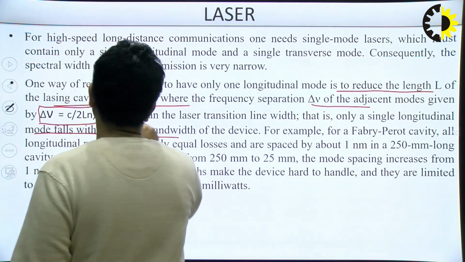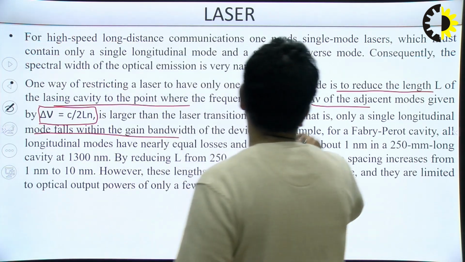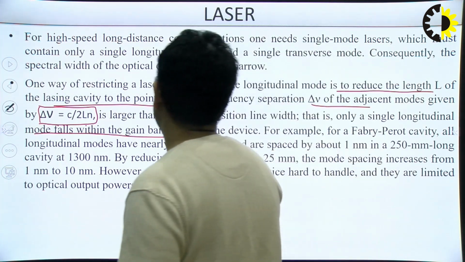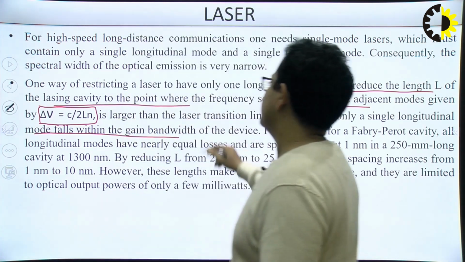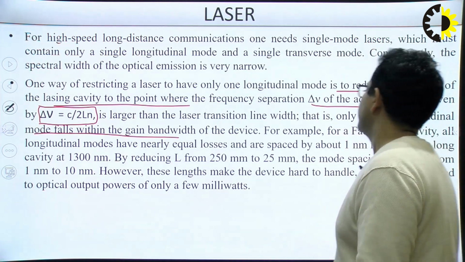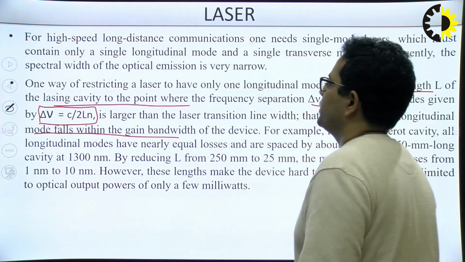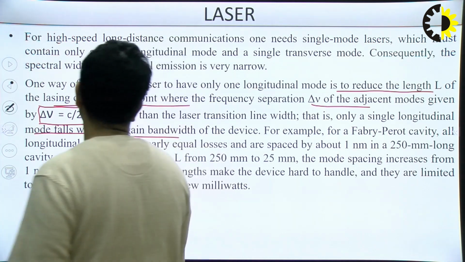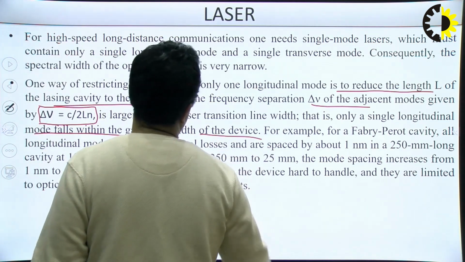If del nu, the separation between the frequencies, is larger than the lasing transition line width, then we get only a single longitudinal mode which falls within the gain bandwidth of the device.